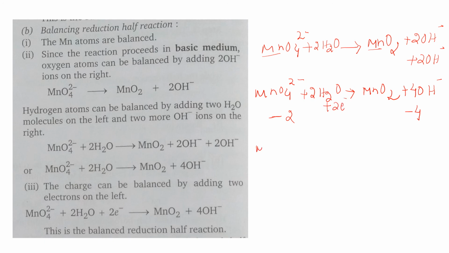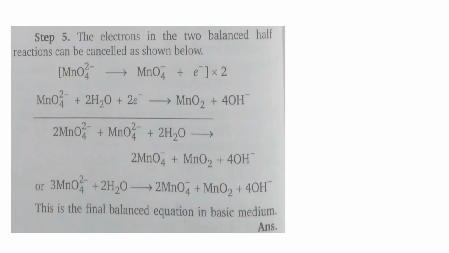So my balanced reduction half reaction is MnO4 2 minus plus 2H2O plus 2 electrons giving you MnO2 plus 4OH minus. Now you have to add both the reactions. Now adding both the reactions, the first reaction is this one and the second reaction is this one.